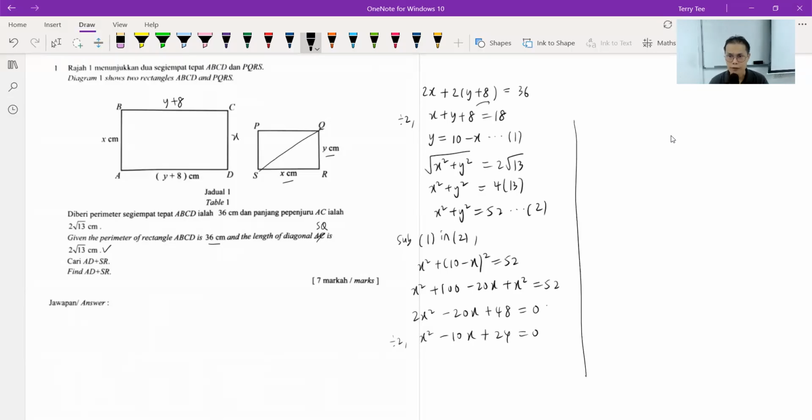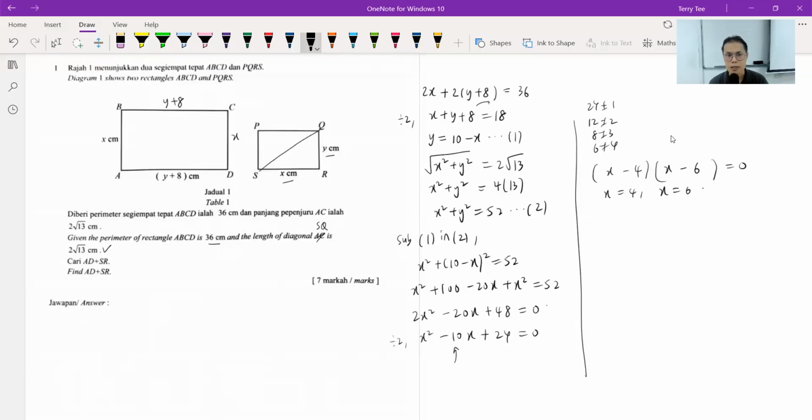We work out the factors of 24: 24 and 1, 12 and 2, 8 and 3, 6 and 4. The one that gives us 10 should be 6 and 4. So I put double brackets here. We have x, 4, 6. They are both negative. Minus 6 minus 4 gives us minus 10. So x is either 4 or 6.